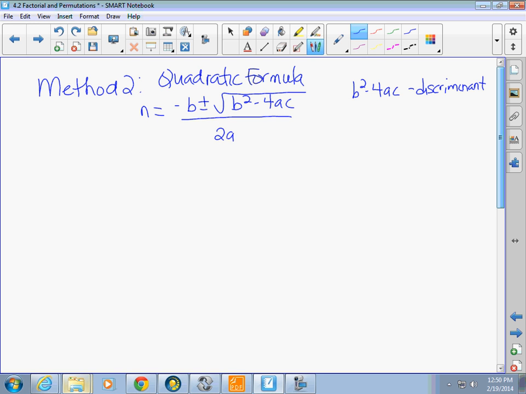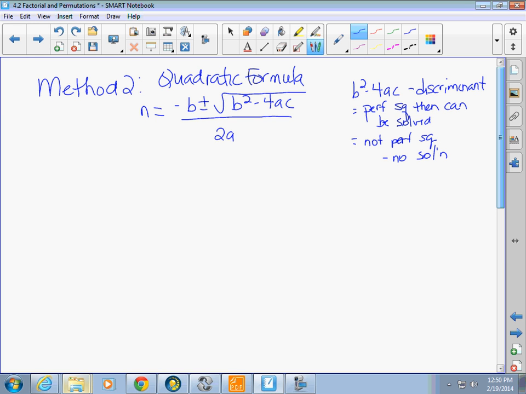One thing you can do before you even start is substitute your a, b, and c values into there, and if it's a perfect square, then it can be solved. If it's not, then that means there's no solution for this. Okay?